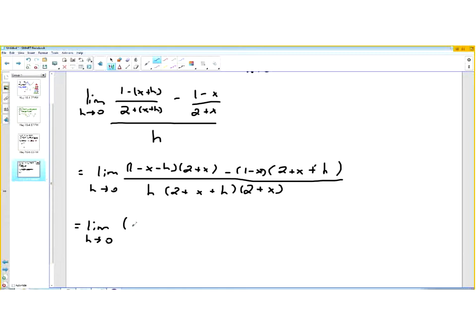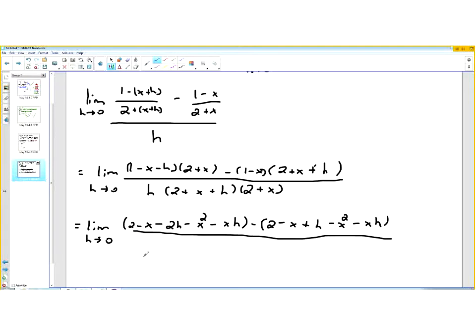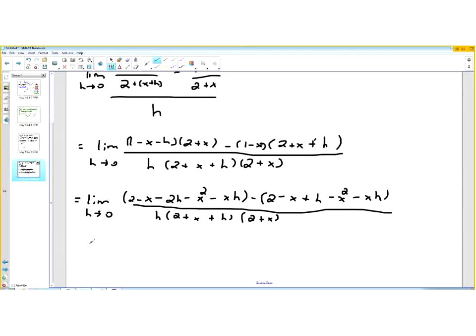And so that would be 2 minus x minus 2h minus x squared minus xh, minus (2 minus x plus h minus x squared minus xh), all of that divided by h times (2 plus x plus h) times (2 plus x). And then we'll simplify the numerator.